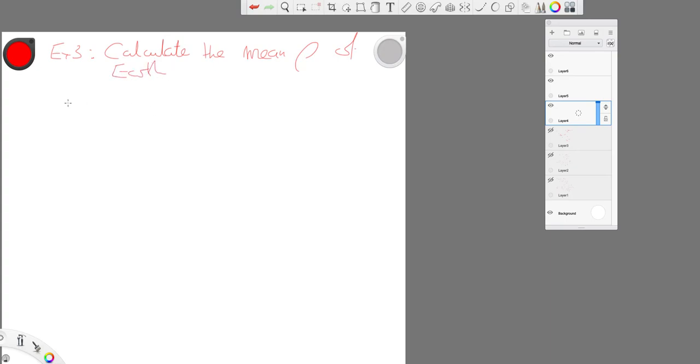Well, we have already established from our previous example that the mass of the Earth is g r squared over G. And we're going to assume that the Earth is a sphere. So the volume is going to be 4/3 pi r cubed.